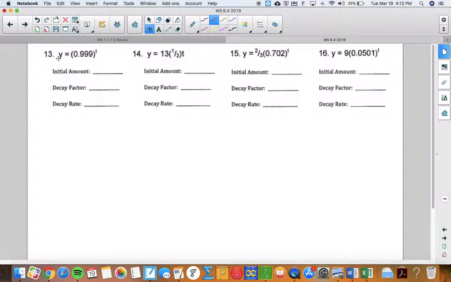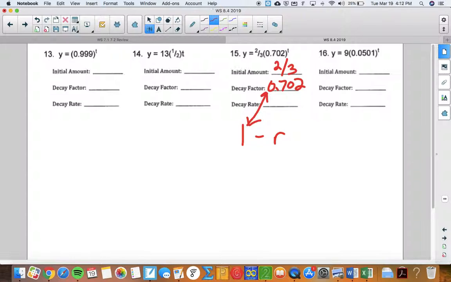Let's see here, anything tricky? I don't know. I'll do number 15 maybe. So your initial amount is 2/3. Your factor is 0.702. So then to figure out your rate, I would take the difference between these two numbers.